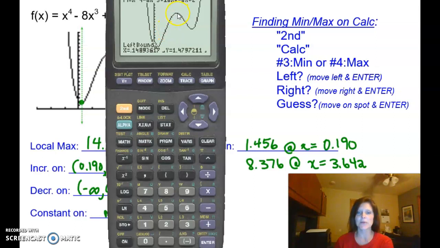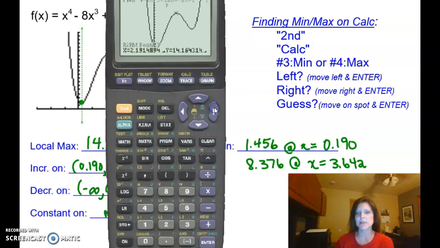This top peak right here is what we're focused on, so I need to be to the left of that, but not super far away. So that's something close, but still to the left of the peak. I'm going to mark that, and you notice the calculator does mark it there. Next question, what's a right bound? So we're going to go over the top and come down somewhere on the right-hand side.